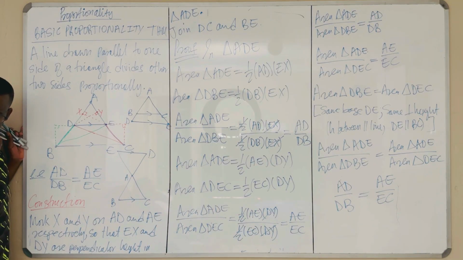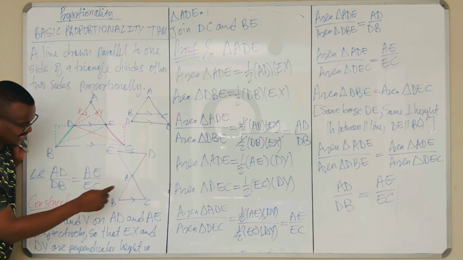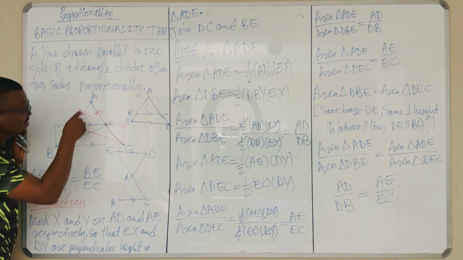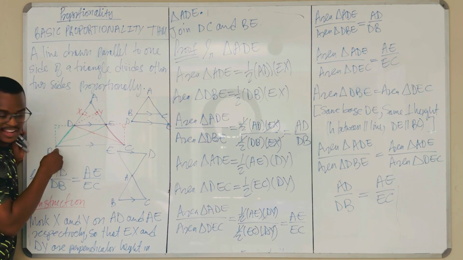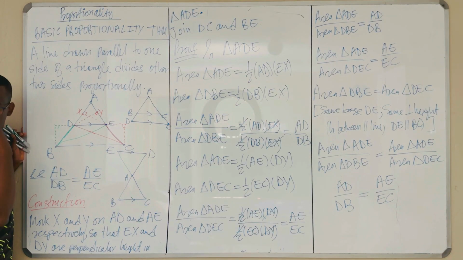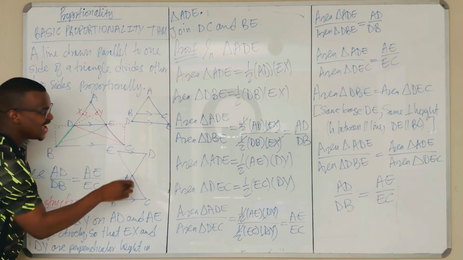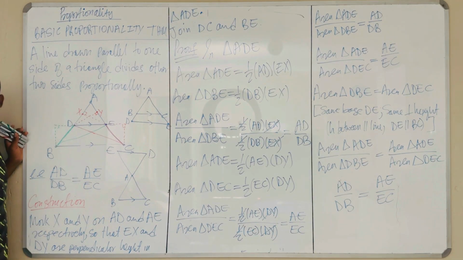Look, this triangle is the big one here, and this one is the small one, that AD over there. So in that case, this and this preserve the proportionality theorem as well.